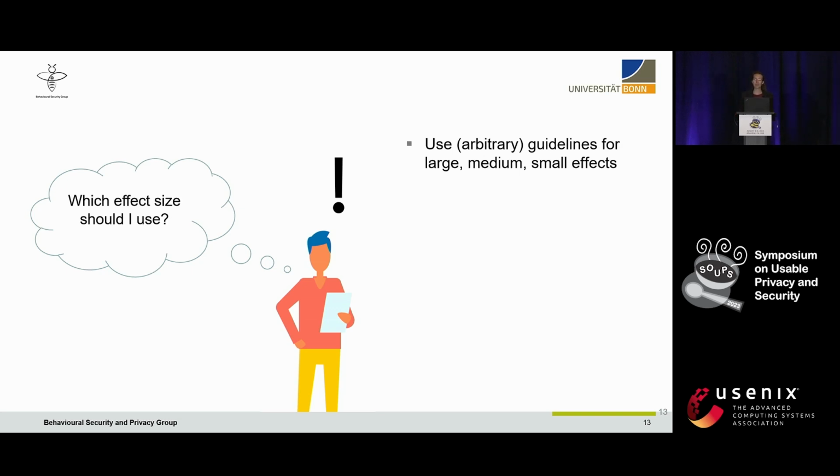The probably easiest one would be to just use guidelines. And you've seen these guidelines in effect in the graph at the beginning of my talk. There are just set borders for what constitutes a large, medium, or small effect. But while they're easy to apply, they're not necessarily meaningful in your concrete context of research.